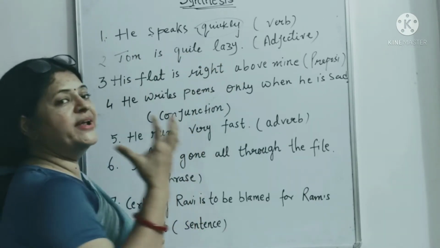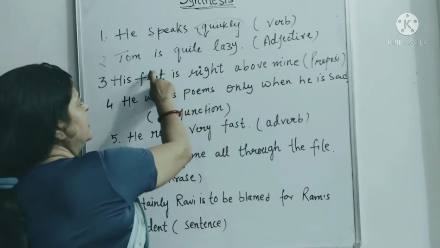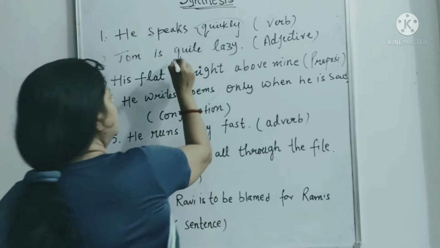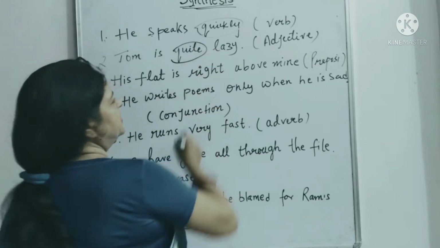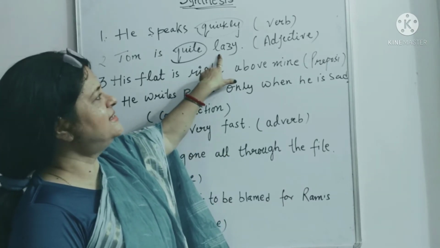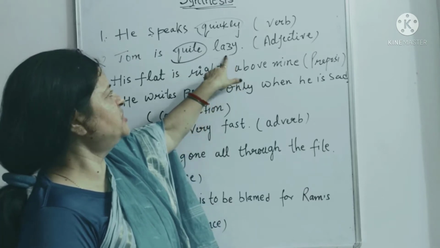But how lazy is he? He is quite lazy. काफी lazy है. So this adverb has come in front of this adjective. So we can see that an adverb also qualifies an adjective.